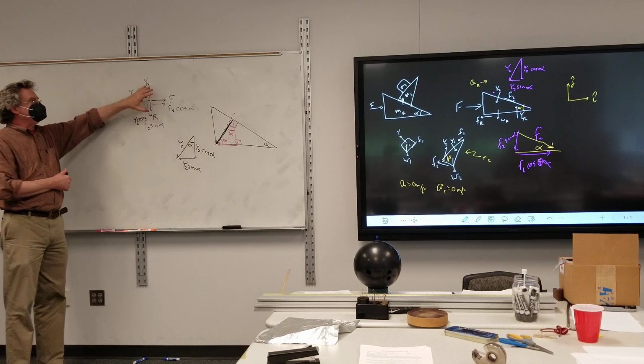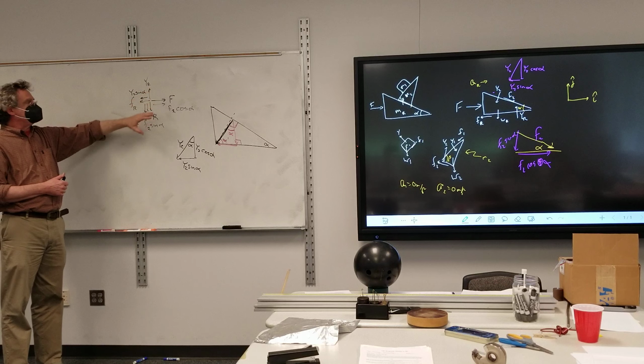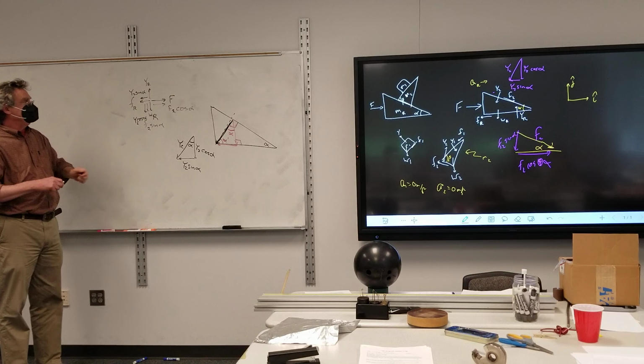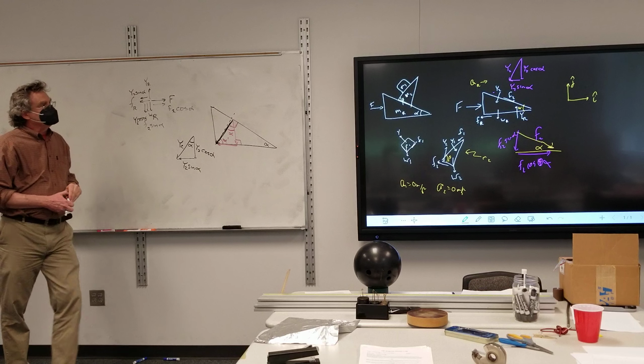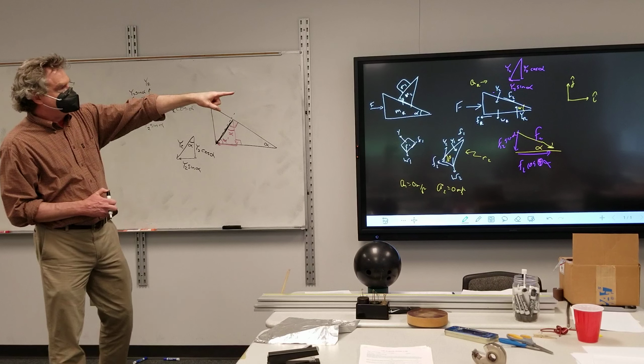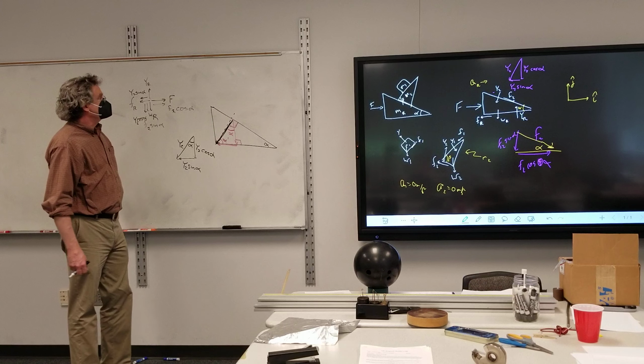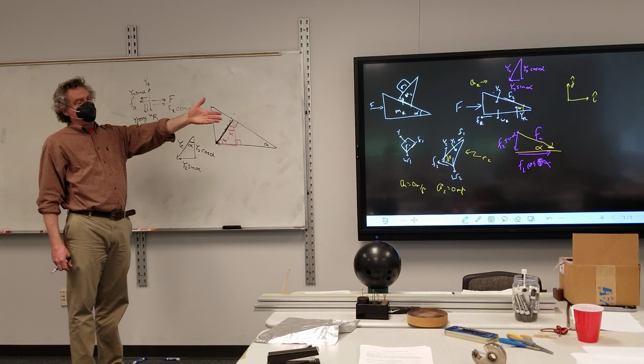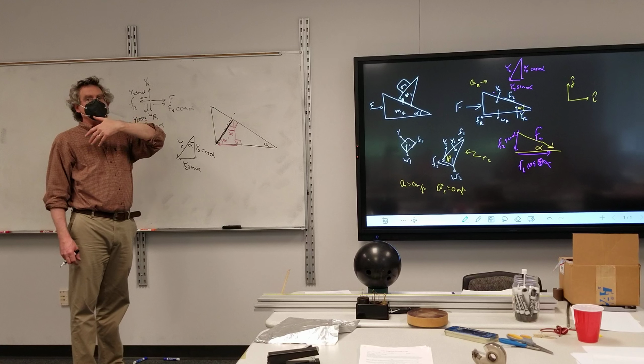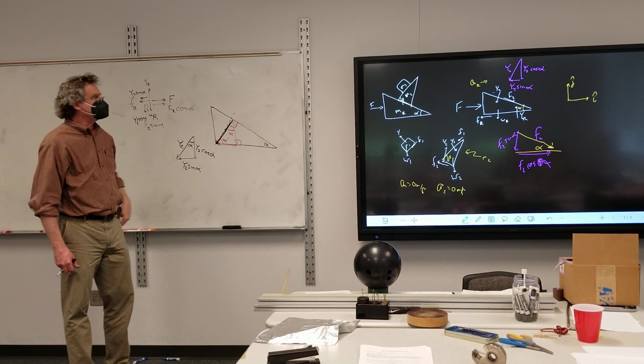All right, once we've broken it up into components, now it's the equations of motion. We established our convention over there. So the i-hat equation: take all the ones that are positive, add them, subtract the ones in the negative direction, is equal to mass times acceleration.